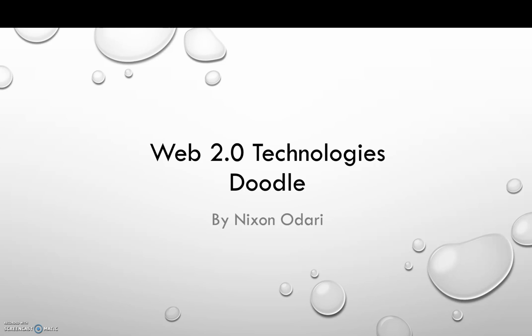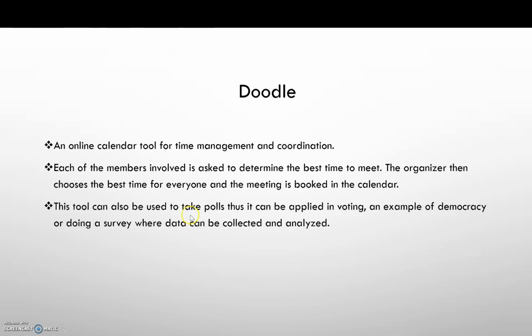2.0 technologies. I will be looking at Doodle. Doodle is an online calendar tool that can be used to manage time and coordinate events of different kinds.